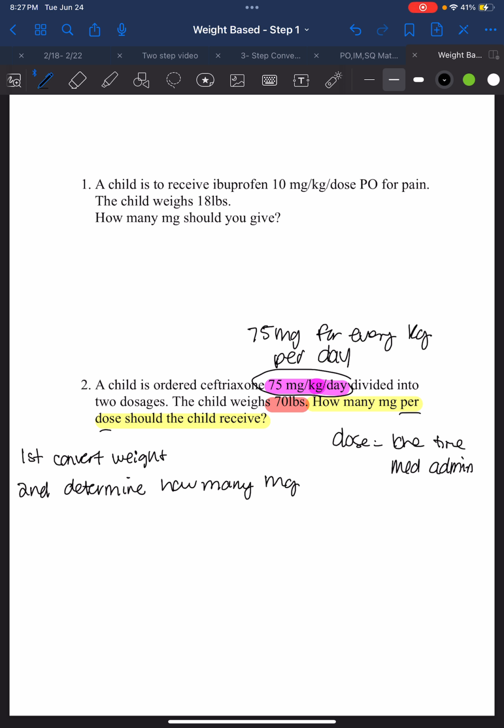And as you see as it goes on, it tells you divided into 2 dosages. So this is how much they need to take, 75 milligrams for every kilogram per day, but you should divide it in 2 doses. The question is saying how many milligrams are we going to give per dose. So this is adding in extra steps. So your second is determine how many milligrams needed. And then your third is divide by 2 doses.